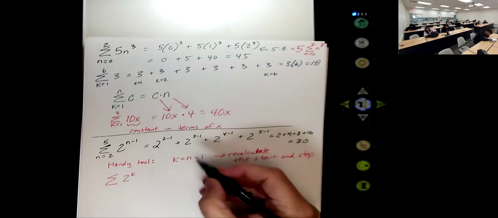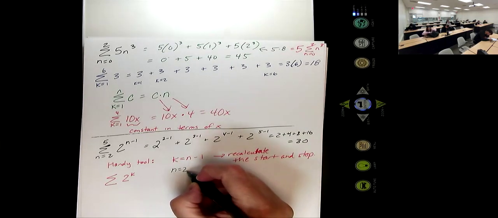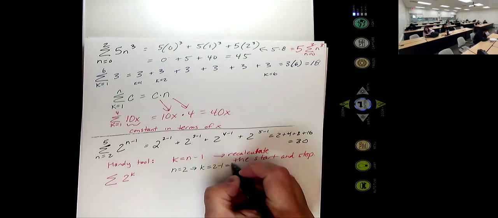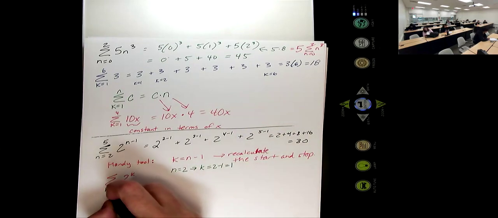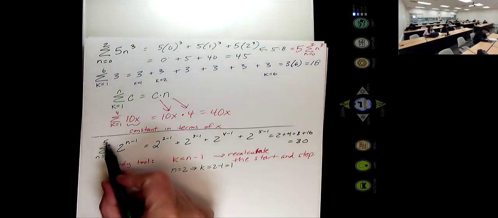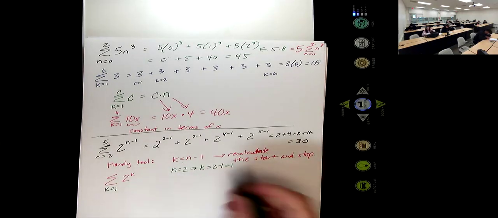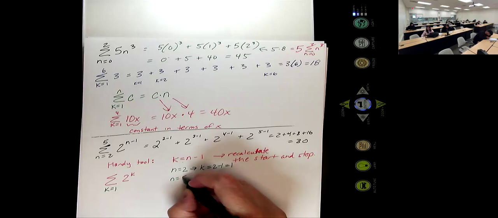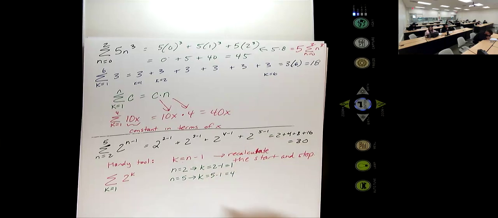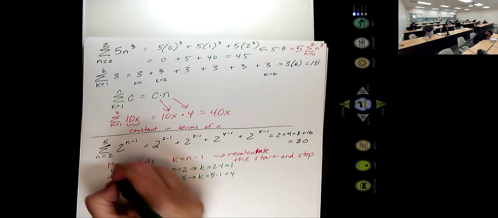So what I mean by that is, take the n equals 2. k equals 2 minus 1, which is 1. So k will start at 1 now. You literally are just taking these values and plugging them into your formula. For n equals 5, I plug it in for the n: 5 minus 1 is 4. And we keep doing that.